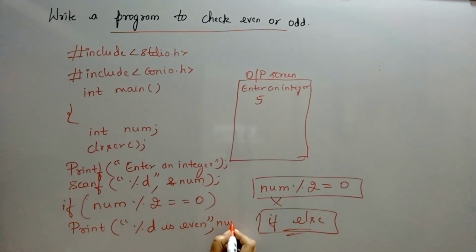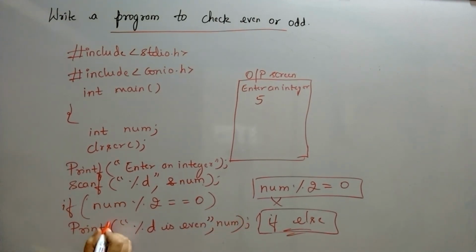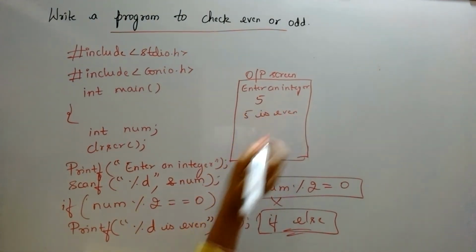It will be stored in num, right? If this condition is true, then this statement will be displayed in your output screen, where %d will display as 5 is even.